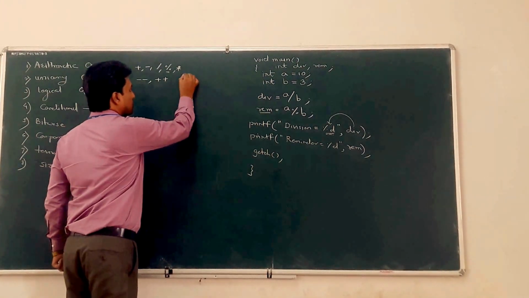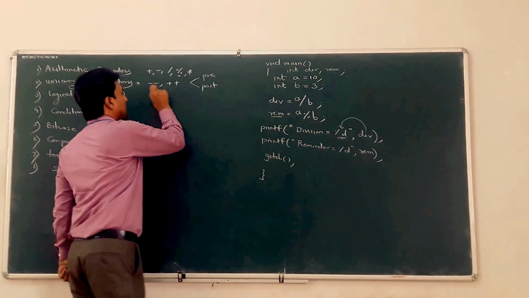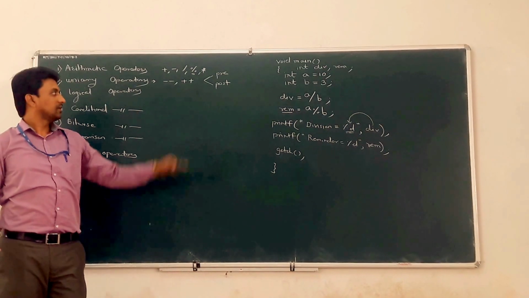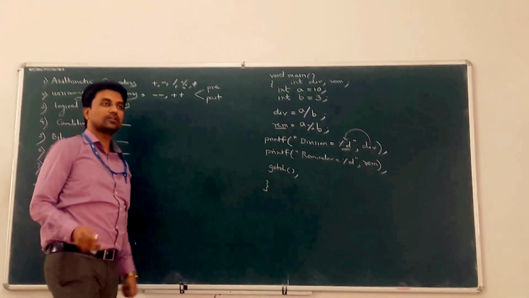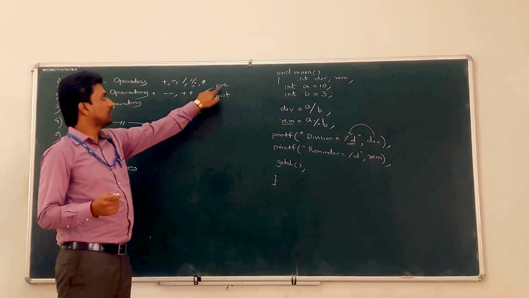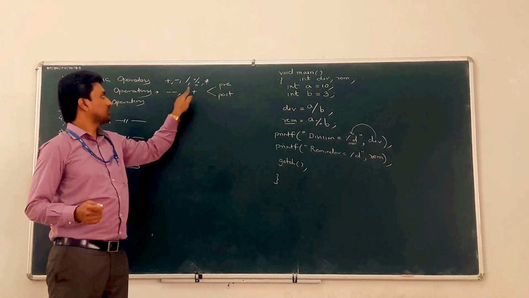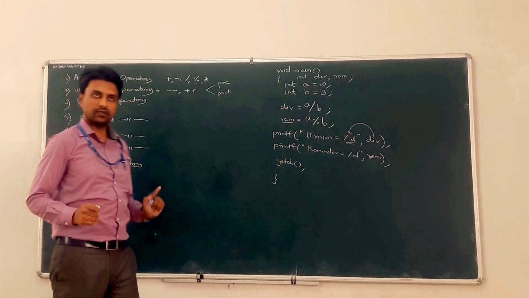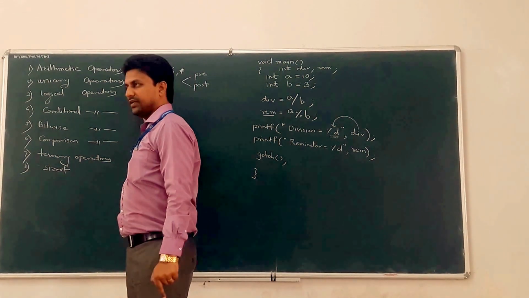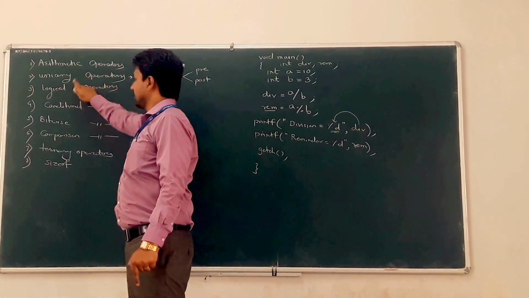This minus minus is called the decrement operator and plus plus is called the increment unary operator. Again use the words pre increment unary operator, post increment unary operator. Clear how it is? Okay, or pre decrement unary operator, post decrement unary operator.